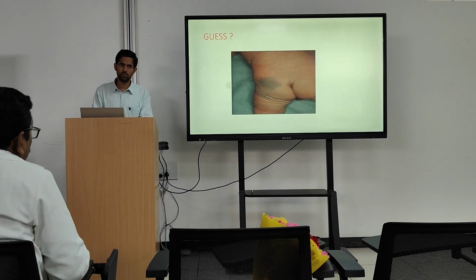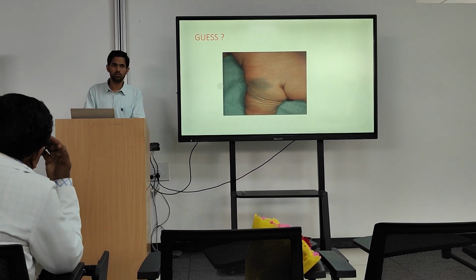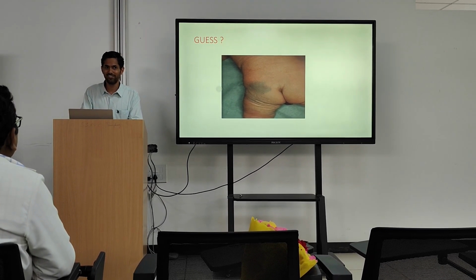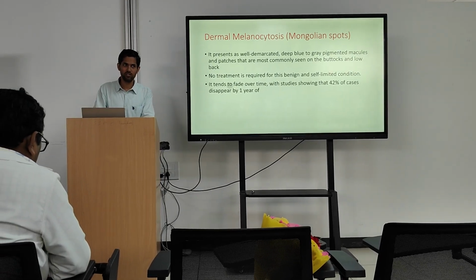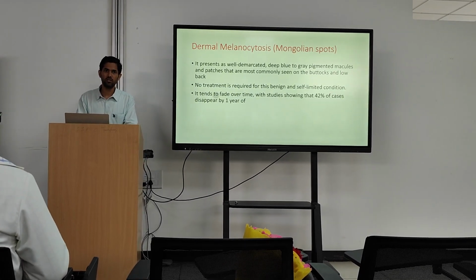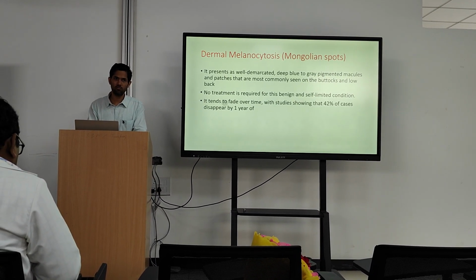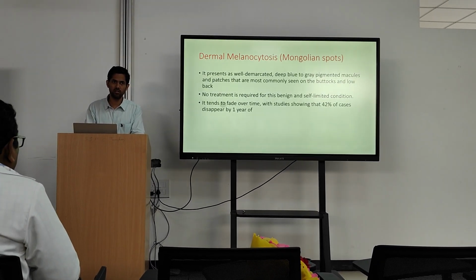What is this? So what is another name for Mongolian spot? Dermal melanocytosis. Previously we used to call it Mongolian spot. If you read in Nelson, they say avoid using the term Mongolian spot because it may be racist.